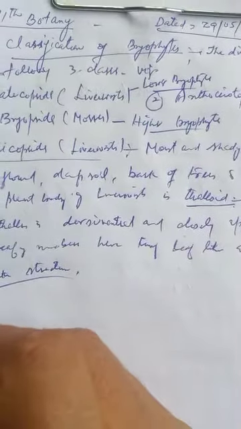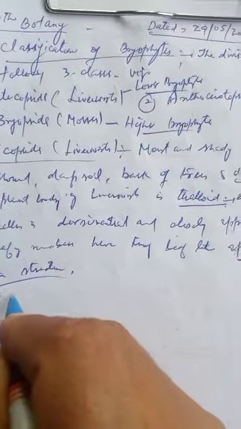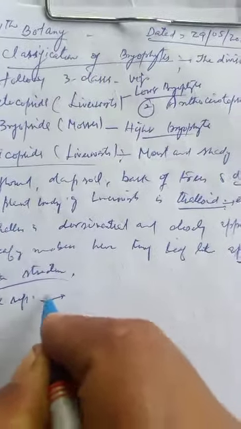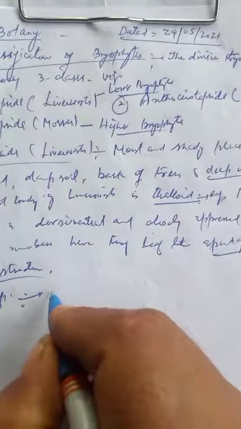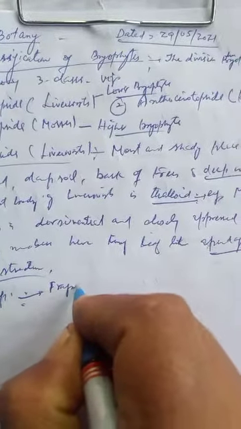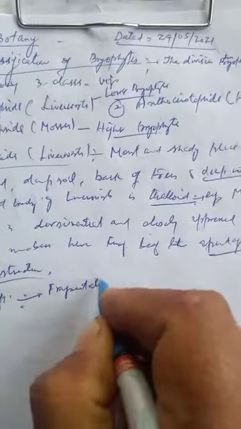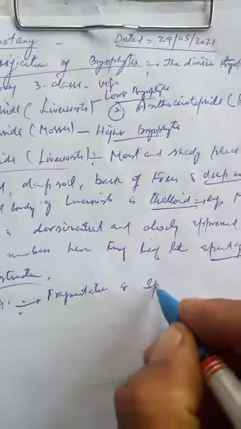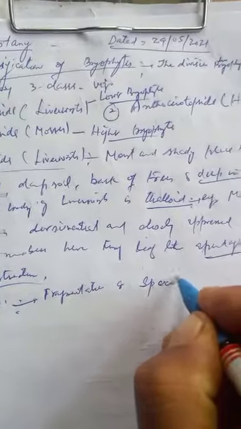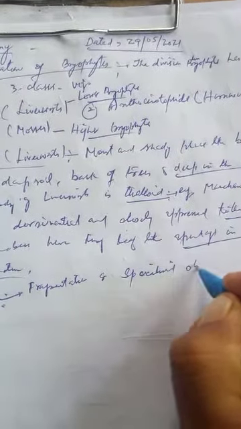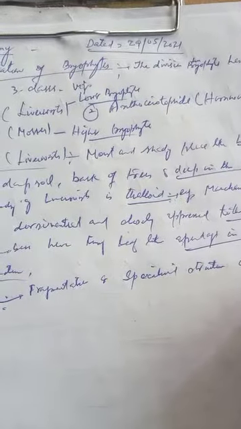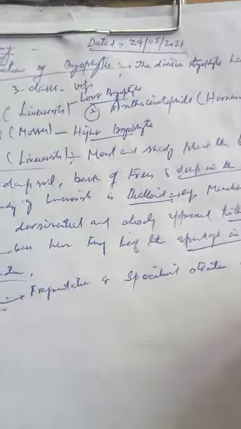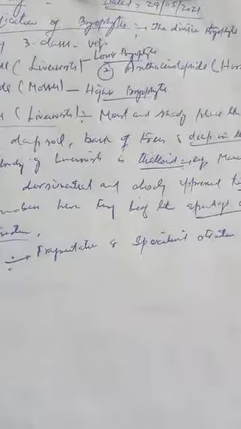The most important thing is that asexual reproduction in these bryophytes takes place either by fragmentation or by the formation of specialized structures called gemmae. What are gemmae?